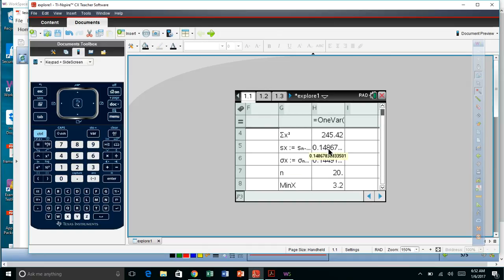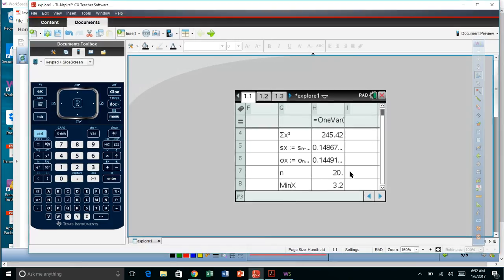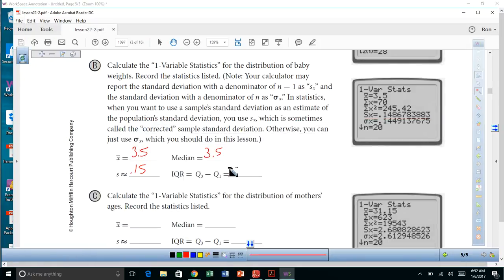S is 0.148, so we'll just say 0.15. And the IQR is Q3 minus Q1. So let's go back down here. Q3 is 3.6 minus 3.4. So that's going to be 3.6 minus 3.4, which is 0.2.